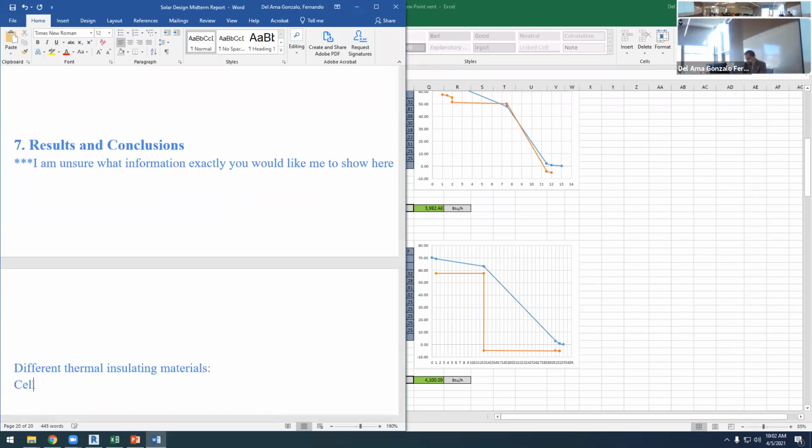What if we use cellulose versus rigid insulation?